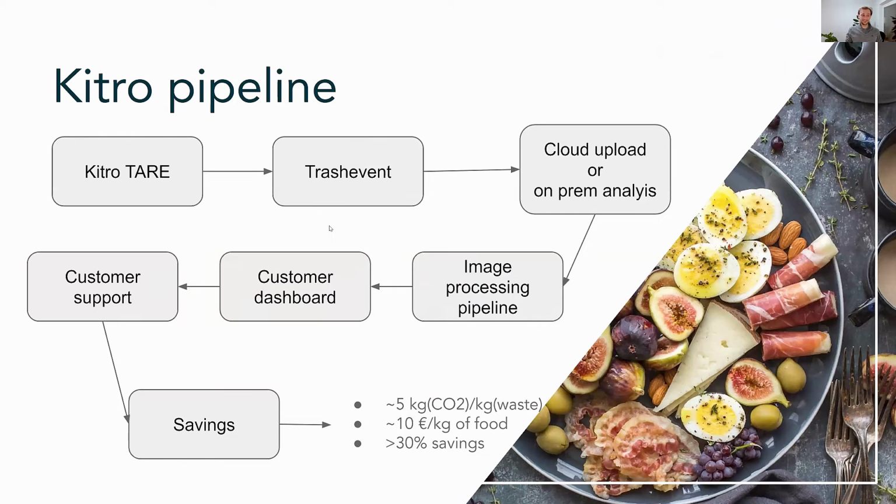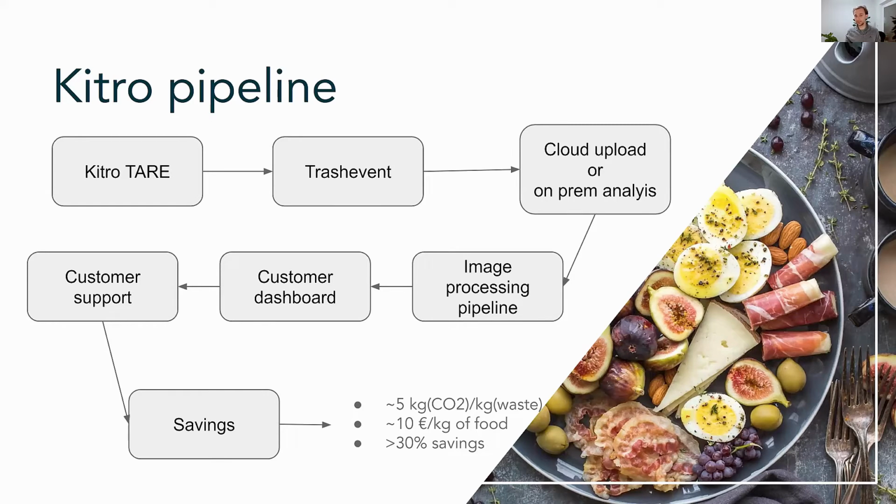Our pipeline goes like this. So we have the scale called a Kitro Tear, and at some point somebody throws something in the bin. We call it a trash event, and then this image that gets taken is either uploaded on the cloud or we have some on-prem analysis.